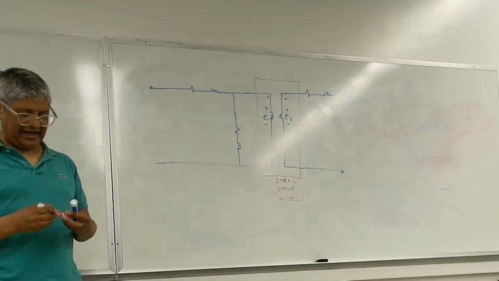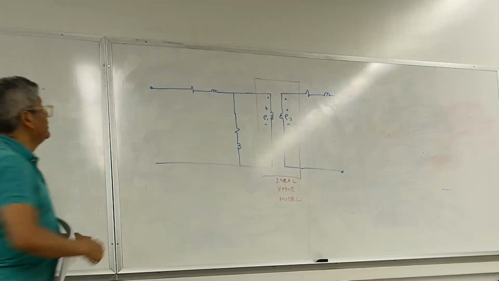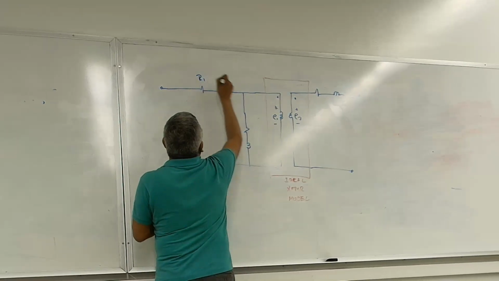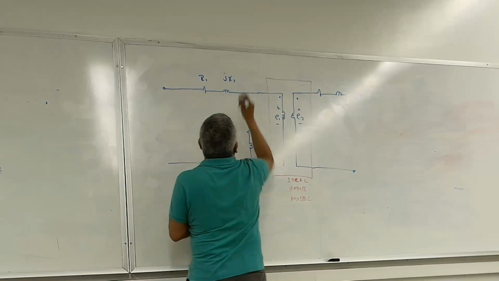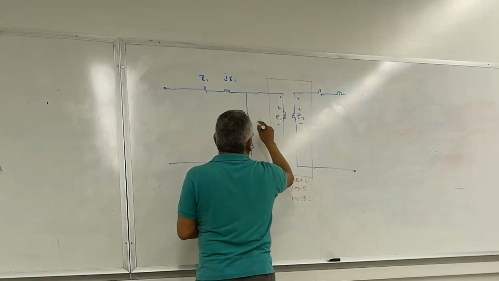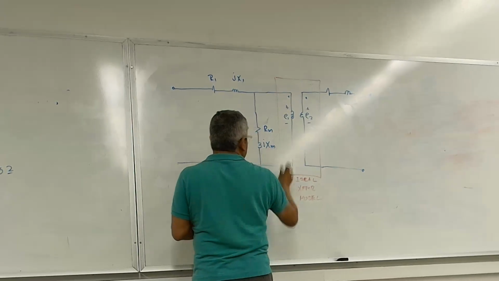A non-ideal transformer, on the other hand, has to account for the transformer losses. So we're going to have this R1, JX1. We're going to call this RM, XM, JXM.